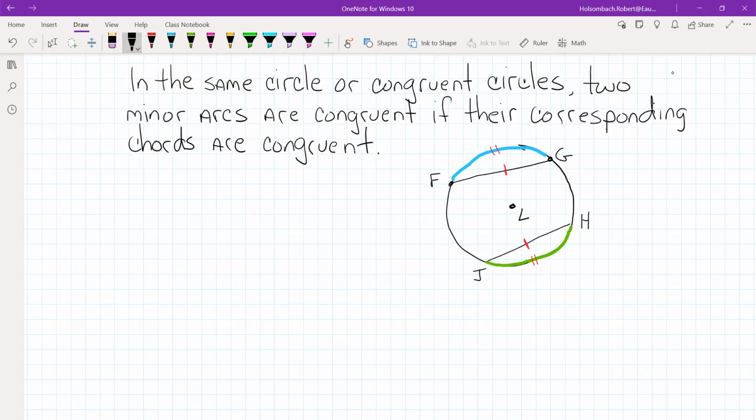So we can say if FG is congruent to JH, then arc FG will be congruent to arc JH.